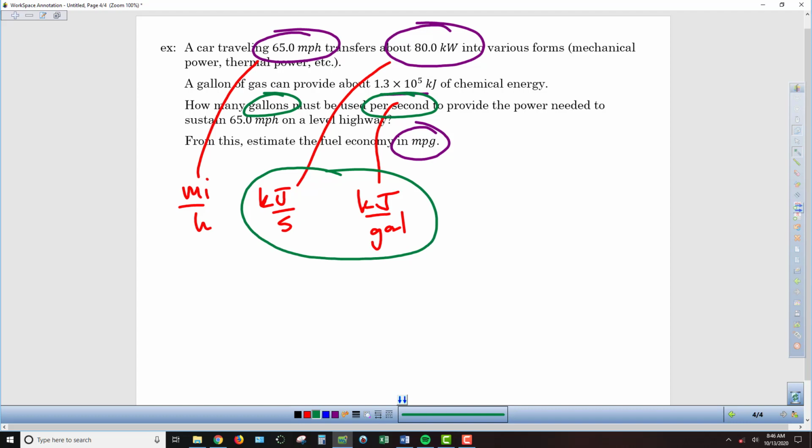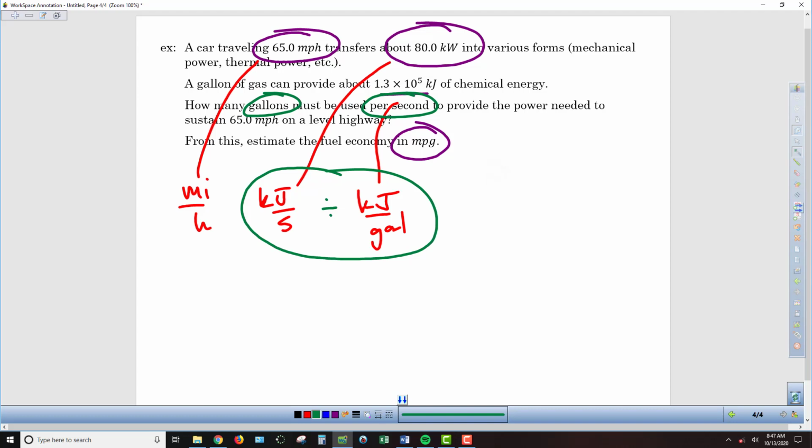Well, what I could do is take that first unit and divide it by the second, because if I divide it, I'm going to flip the units on that second term, so I'll end up with gallons in the top and kilojoules on the bottom, and then my kilojoules will cancel each other out. So if I divide those quantities, I'm going to get the gallons per second that I need to answer this question.